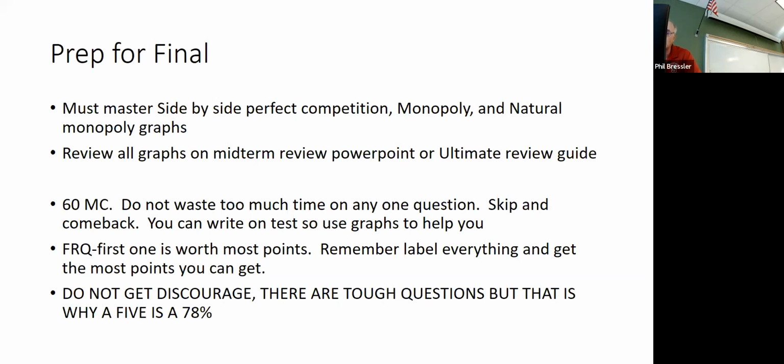So you might as well skip it and come back. Remember, a 5 is about 78%, so you're not supposed to get everything right. Don't get discouraged. Just get every point you can. It is hard, but it's curved for that reason.